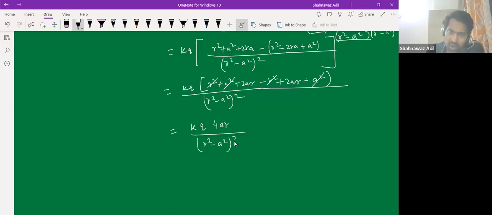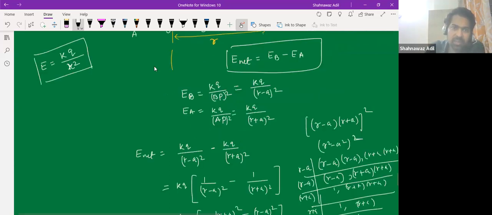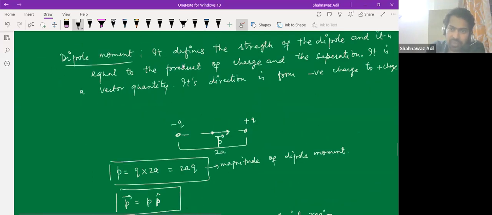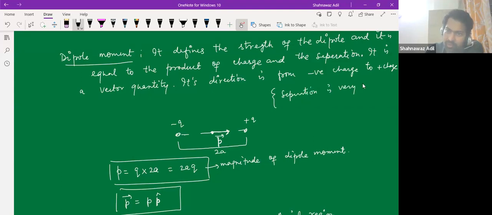And we already know that this A is very small. This separation for a dipole is very small, right? For a dipole, this 2A is small.